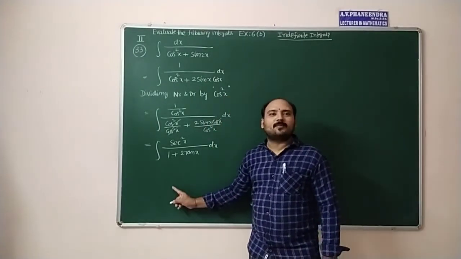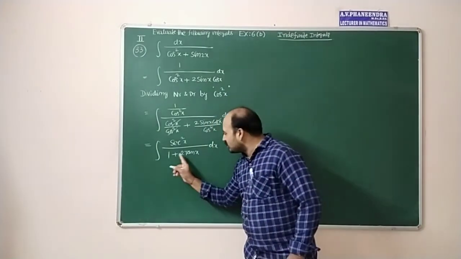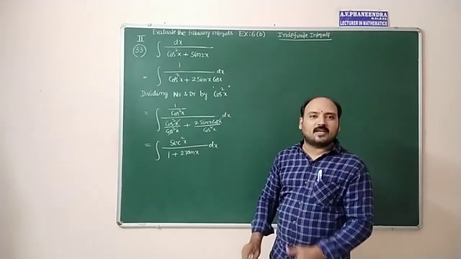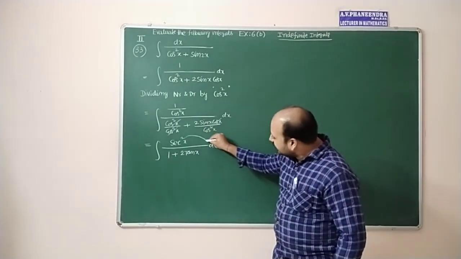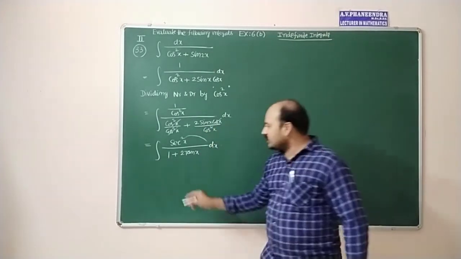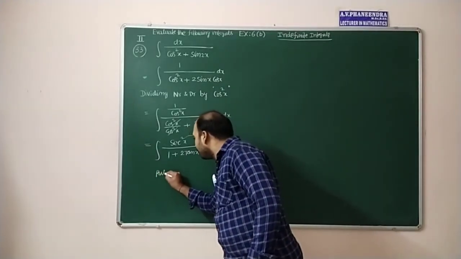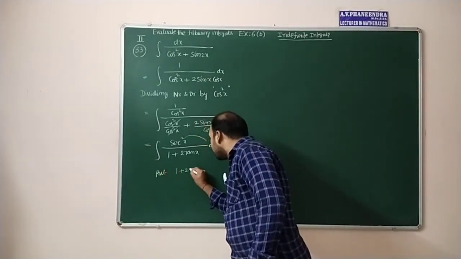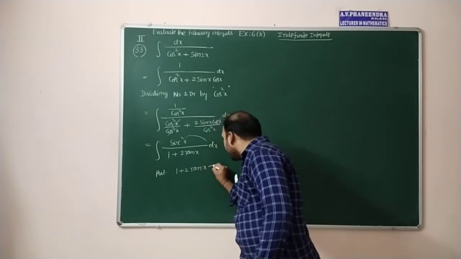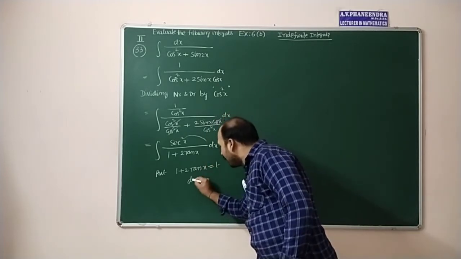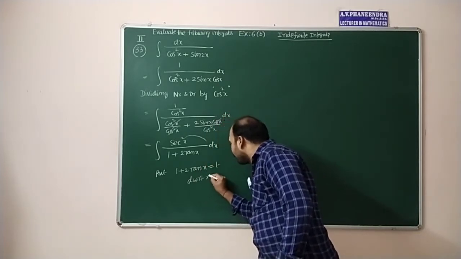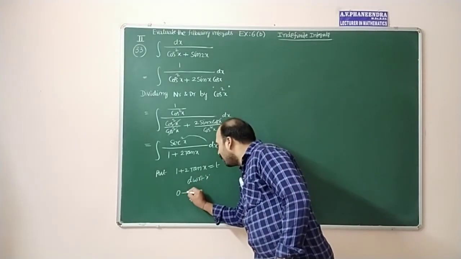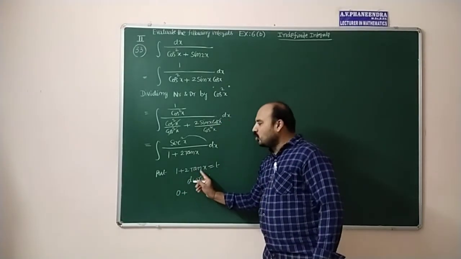After getting this step, you know that if you assume 1 plus 2 tan x as t, secant square x dx will become dt. Put 1 plus 2 tan x equal to t. Differentiate with respect to x. Constant derivative is 0, plus 2 into the function.